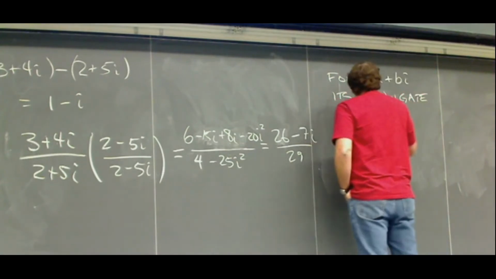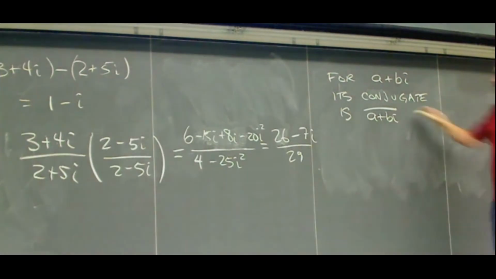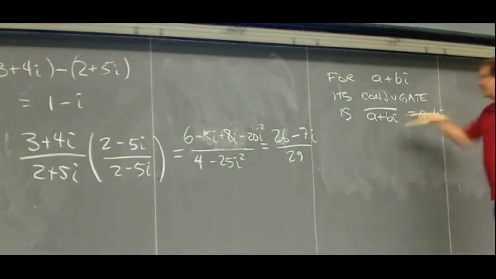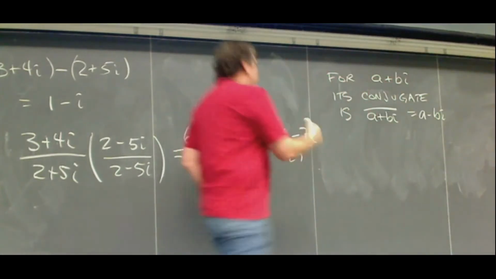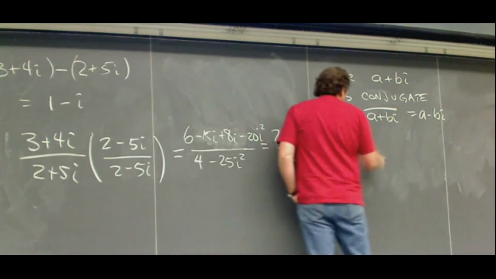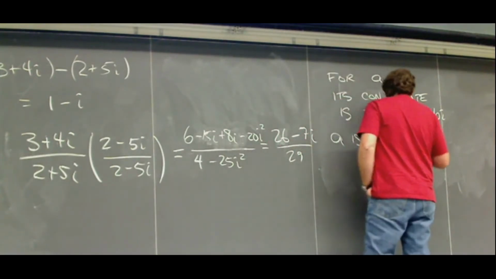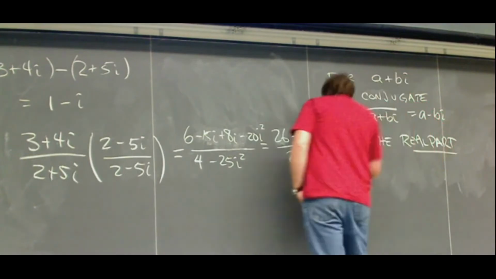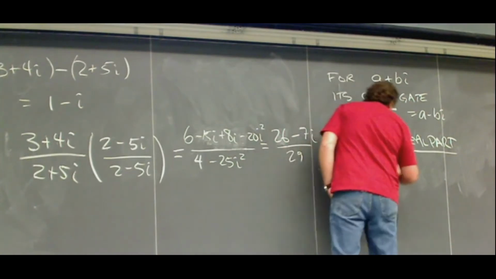So we sometimes write it as a plus bi with a bar over the top, and it just means change the sign on this part. So it's just change the sign. Also, this number a is the real part, just so if I use these words, and b, not bi, but b is the imaginary part.